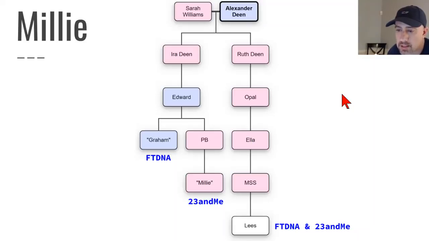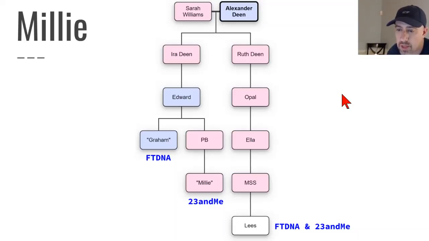So I went back to 23andMe and I found Millie. Millie is another match that I had to work hard on. I didn't get Millie's information handed to me on a silver platter, but she did have some good information on her 23andMe profile, and that allowed me to build her family tree.